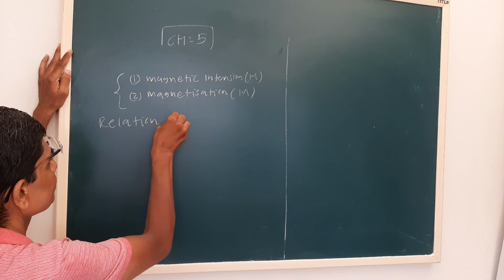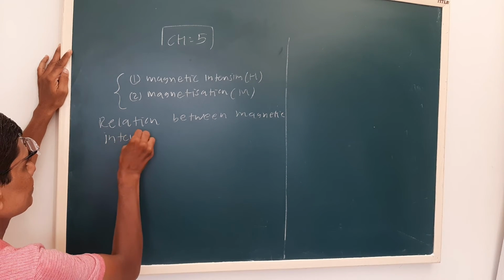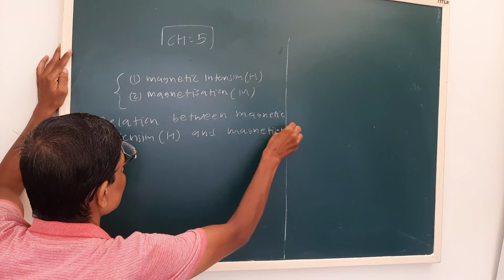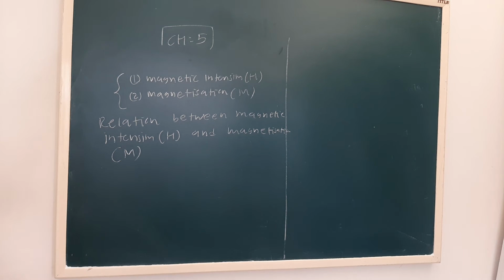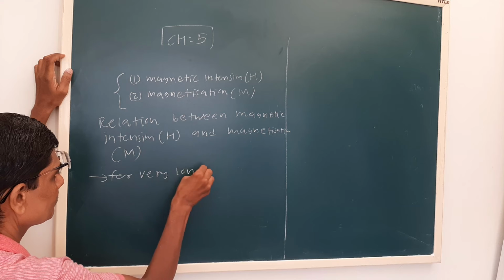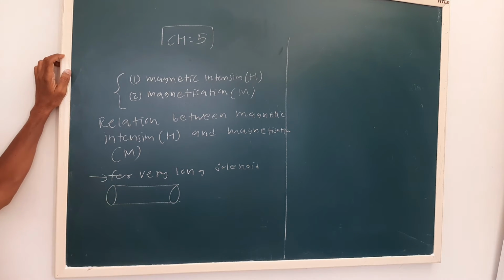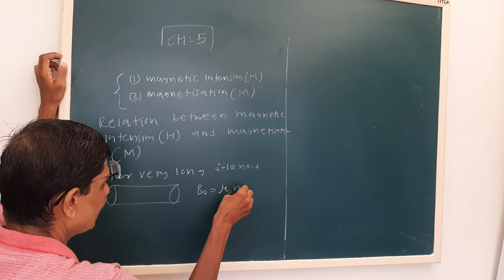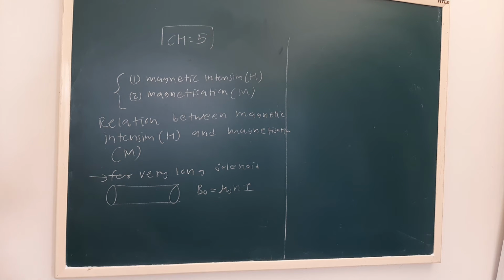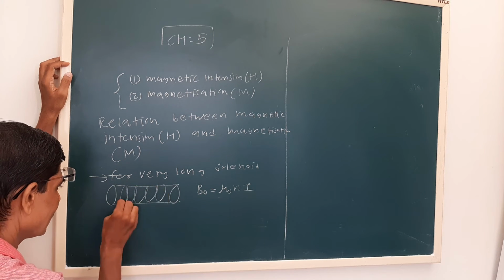For a very long solenoid, when air is the medium, B equals mu 0 n I. That is the formula we derived earlier, for the magnetic field when current is passed through it.